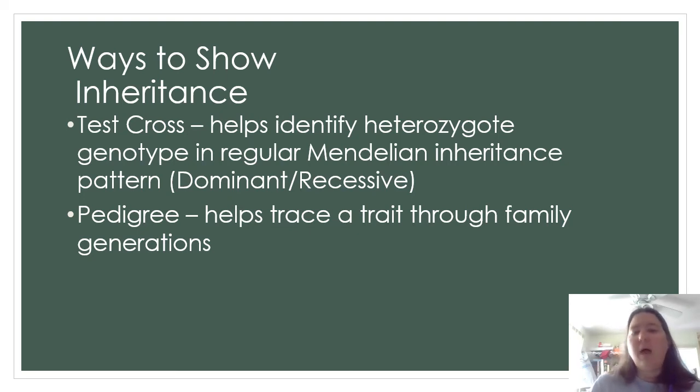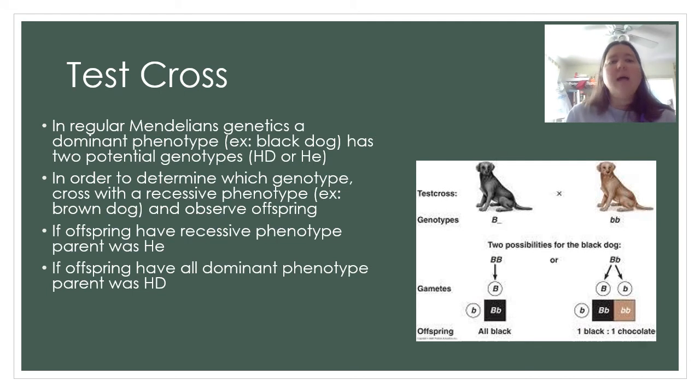And a pedigree will help us trace a trait through a family tree. A pedigree is very similar to a family tree. A test cross is where we get an animal or an organism, a lot of times plants, florists, horticulturists, farmers, and we use the test cross to try and figure out exactly what the genotype is.